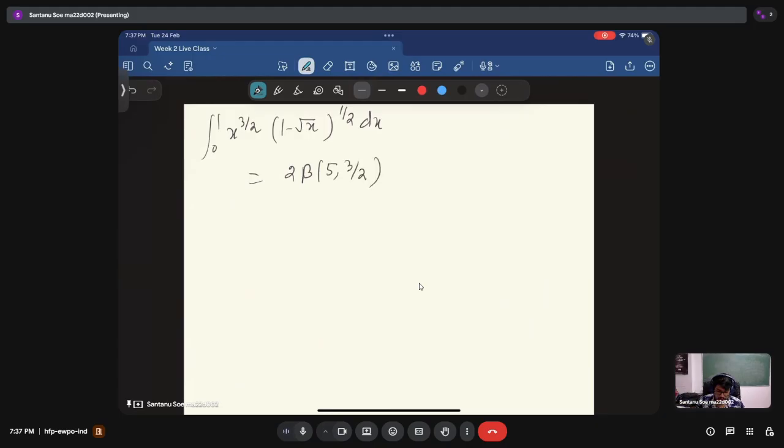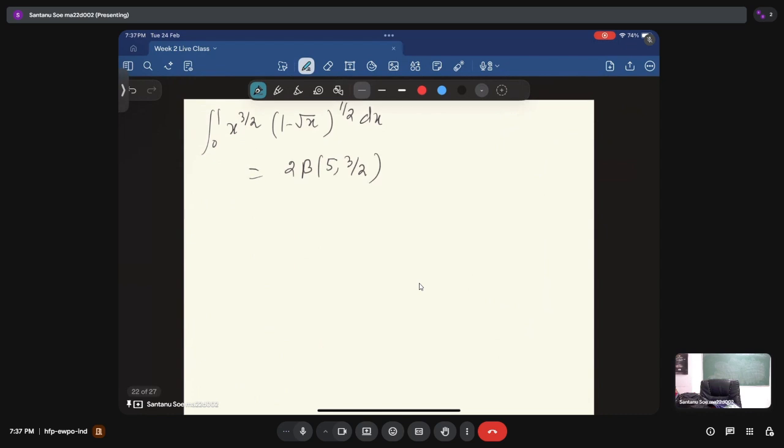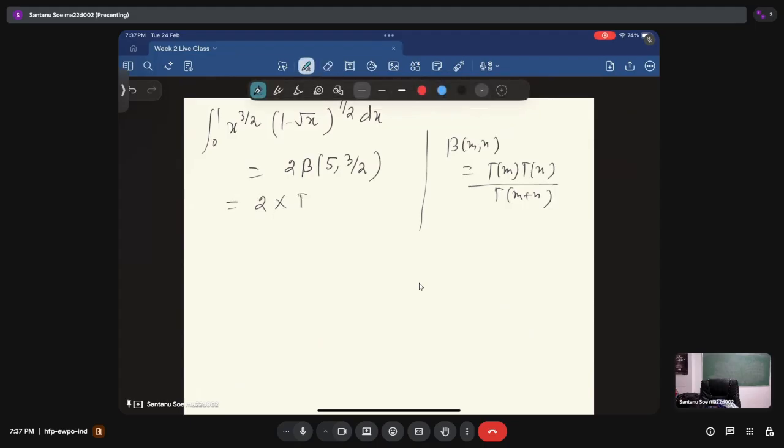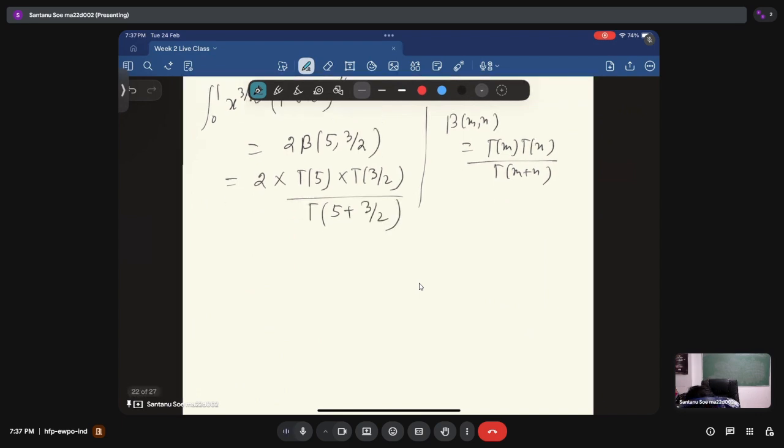So now we just have to evaluate the beta of 5 comma 3 by 2, then we'll get the answer, right? And we know that beta of m comma n is gamma m into gamma n divided by gamma of m plus n. Correct? So this will be 2 times gamma of 5 into gamma of 3 by 2 divided by gamma of 5 plus 3 by 2, right?